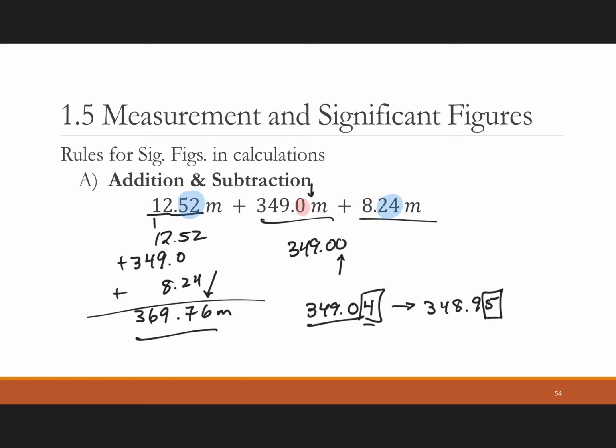So if I'm writing it in a more logical way, 348.95 to 349.04 is a range of error there. We just don't know.